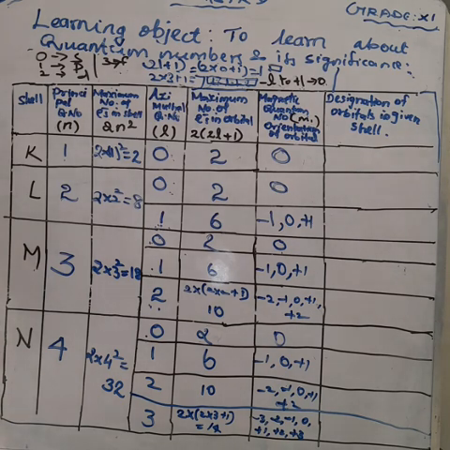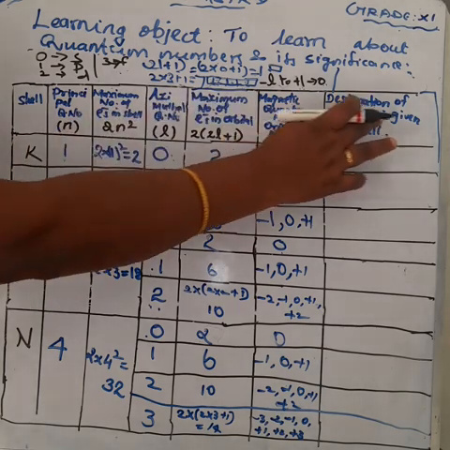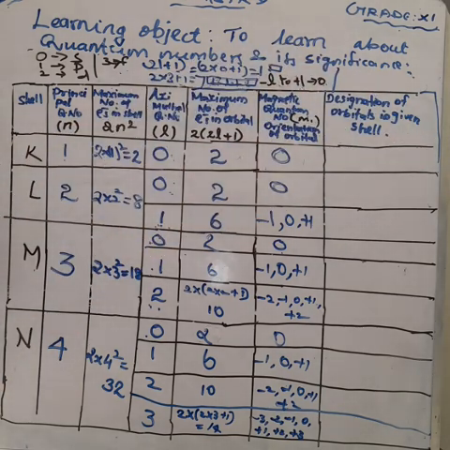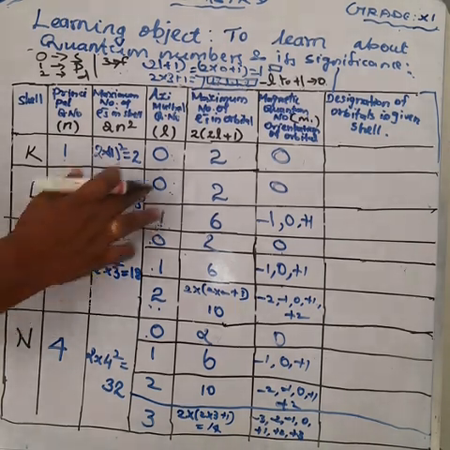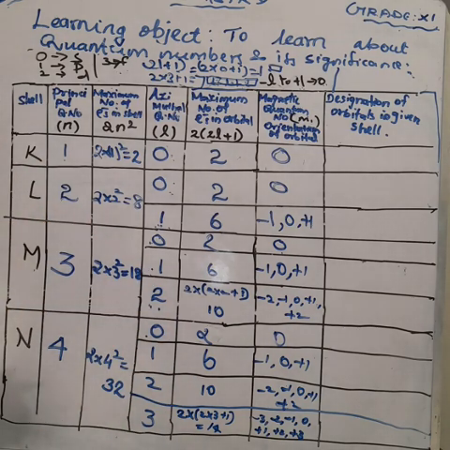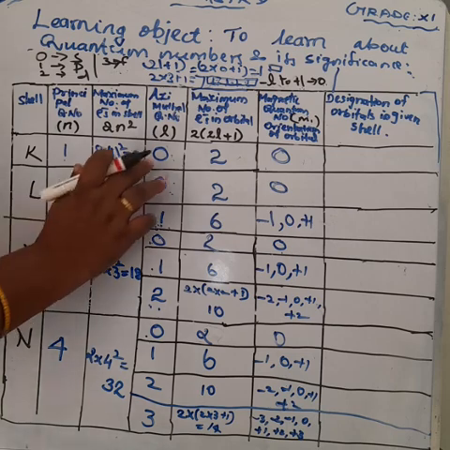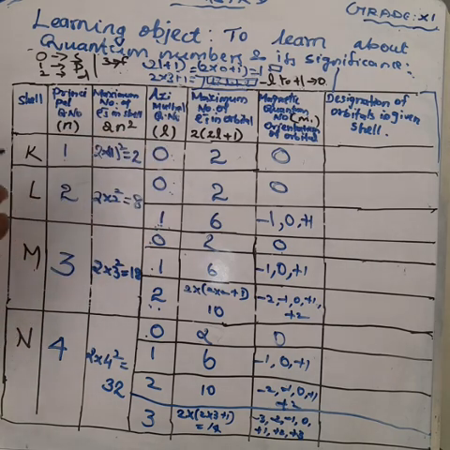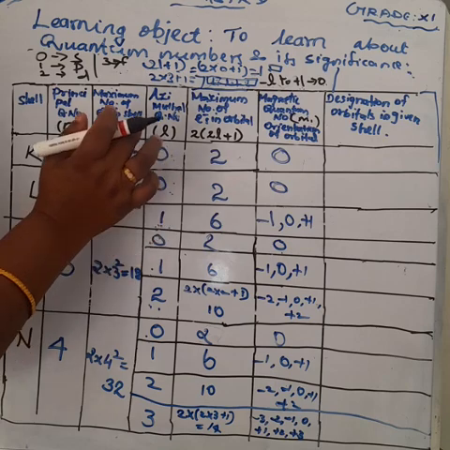Okay, understood? I hope all of you understood clearly. And then, how will you write the designation of orbitals in a given shell? Here there are so many s orbitals, p orbitals and d orbitals, so how do you give the designation of these orbitals? The 0 here indicates l.